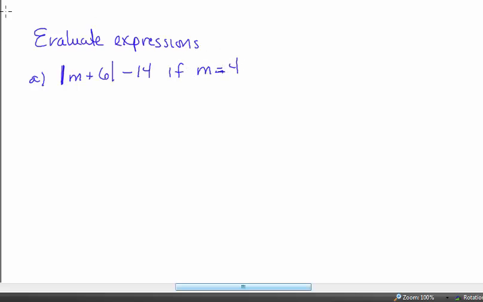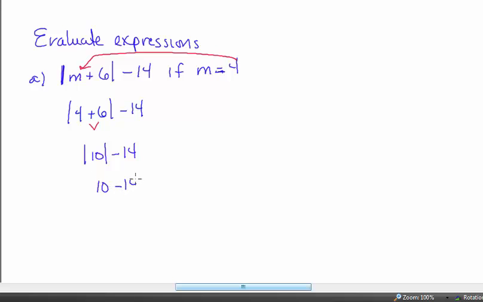Now this is very similar. I'm going to take the 4 and plug it in for m. So I get the absolute value of 4 plus 6 minus 14. And then 4 plus 6 is 10. So I have the absolute value of 10 minus 14. The absolute value of 10 is 10. Minus 14 gives me negative 4.